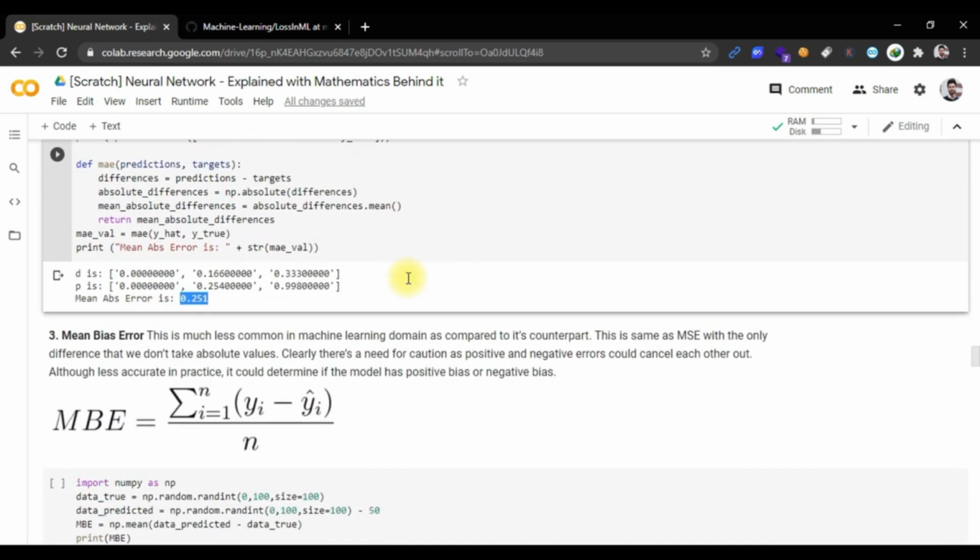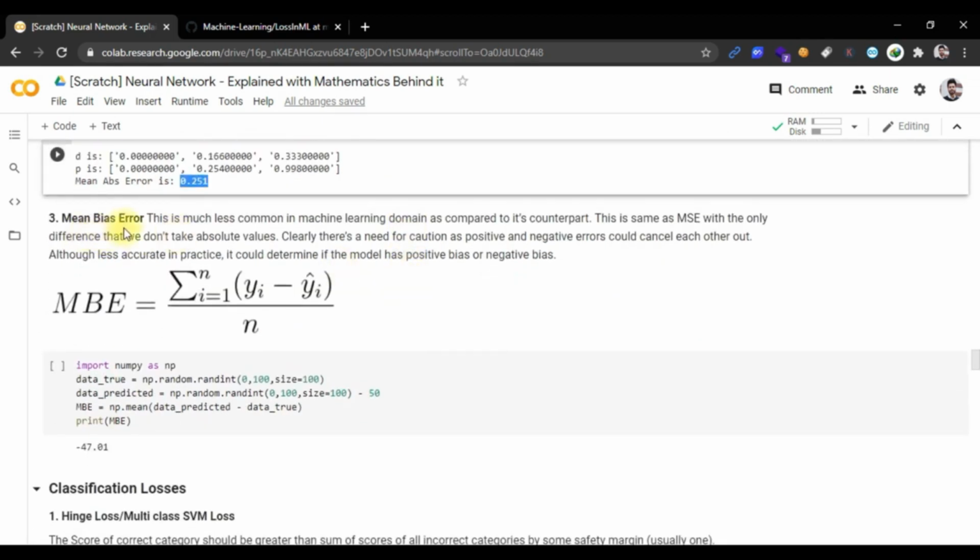Our other thing is mean bias error. This error is not very useful in machine learning terms, but can be useful when the model is biased in only two ways, like it is positive or it is negative. It is not used where the bias or the loss is a very complex thing.